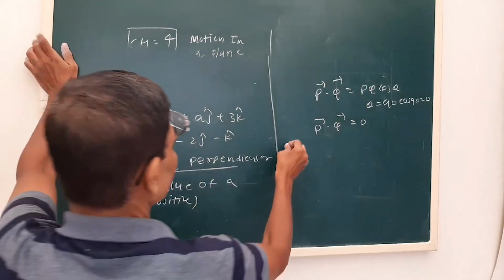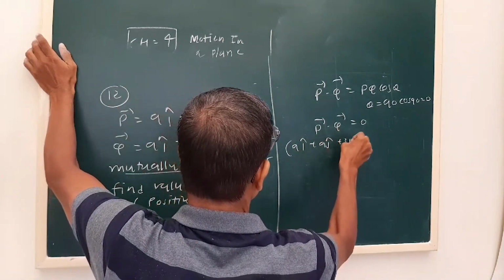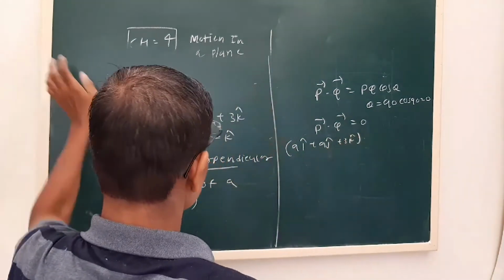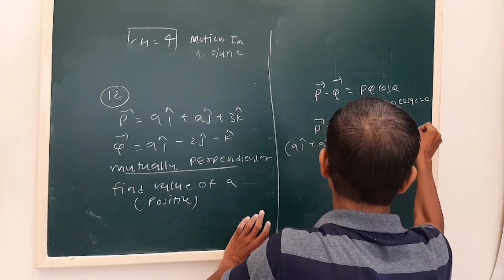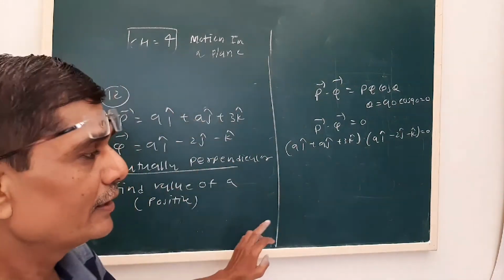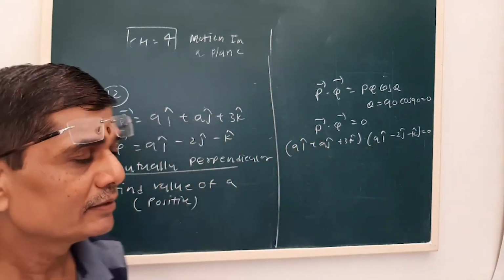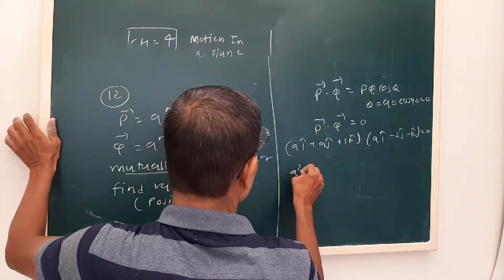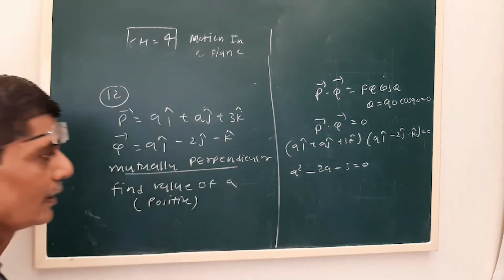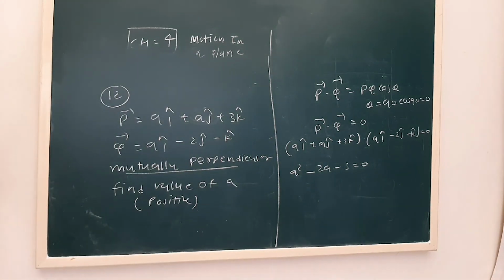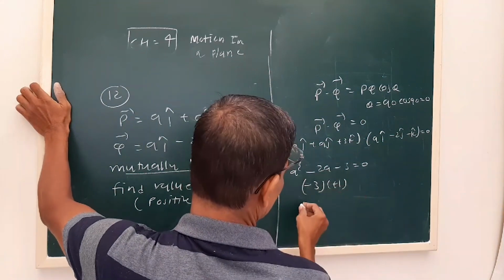Now P dot Q is 0, that is AI plus AJ dot AI... Now see AX BX, AY BY, AZ BZ. Okay? So it will be A square minus 2A minus 3. Now see the quadratic equation. Factors you are easily knowing.